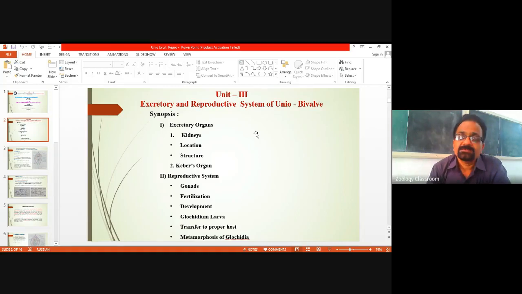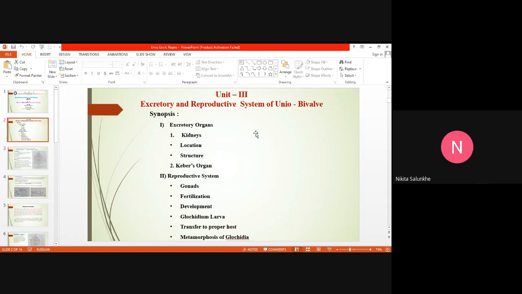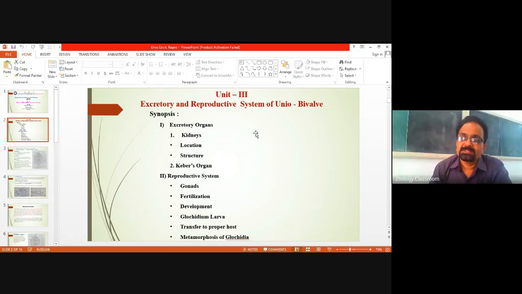First one is gills, and the second organ is mantle. The major part of the respiration is carried out by gills, but the mantle also assists in the process of respiration as they are highly vascularized.